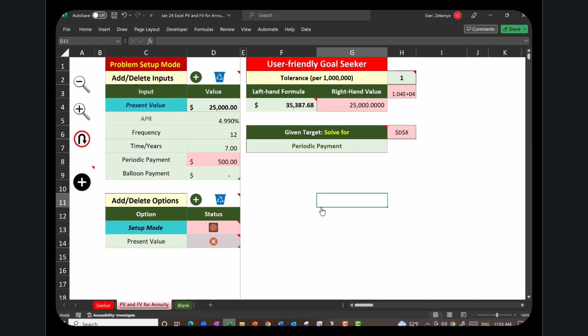Now we're going to put ourselves into solver mode, okay? You double click on that red light, you're in solver mode. It actually solved it for you, because periodic payment was already my unknown. If it wasn't, I could have picked it from here, okay?